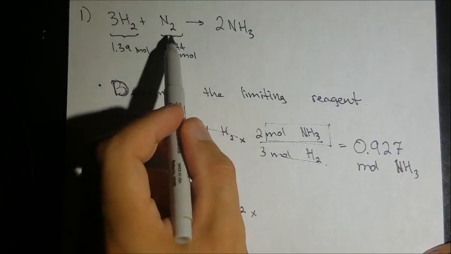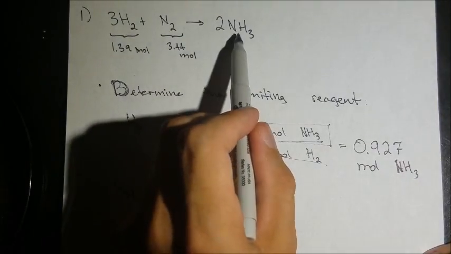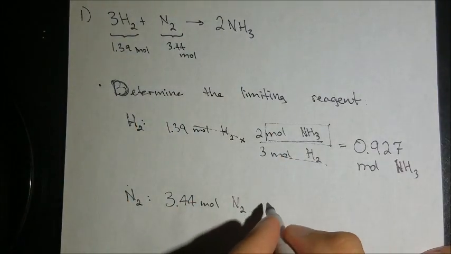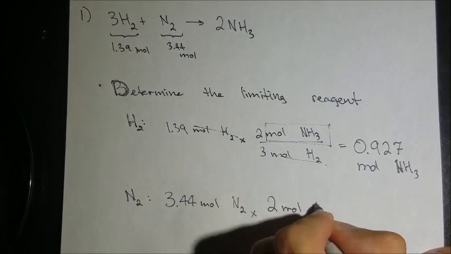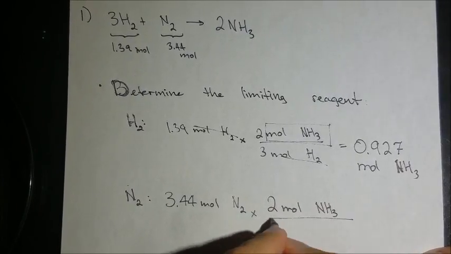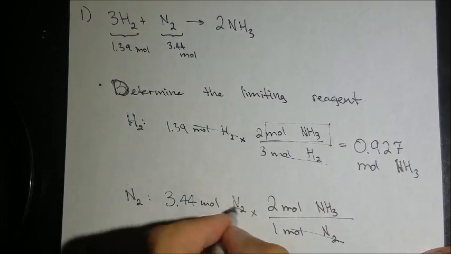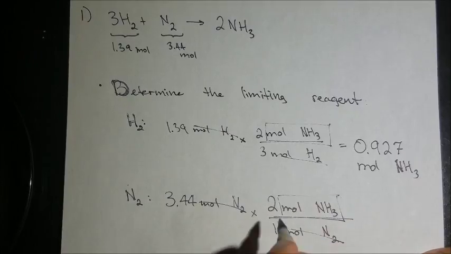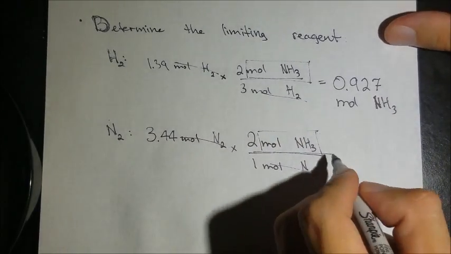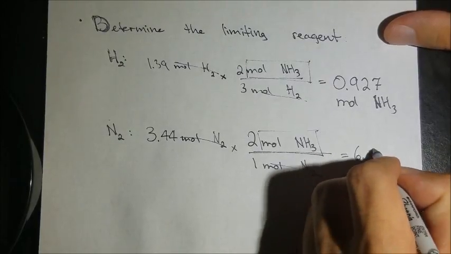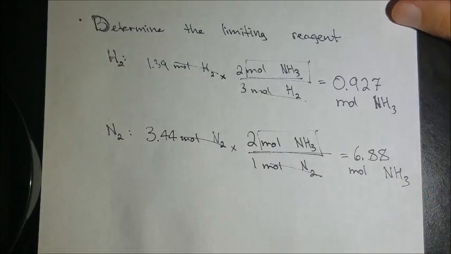For every 1 mole of nitrogen that is consumed, we make 2 moles of ammonia. So let's put that in our equation here. We make 2 moles of ammonia when 1 mole of nitrogen is consumed. Alright, moles of nitrogen cancel, and once again we're in moles of ammonia. So that is going to equal 6.88 moles of NH3.